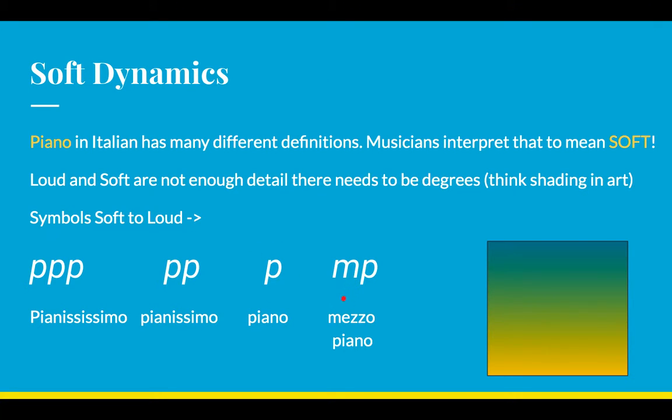Think about that as medium soft. Right after it would be mezzo forte. So mezzo piano, medium soft, is a little bit louder than piano, which is my soft. Then I have pianissimo, very soft. Pianississimo, very, very soft. So, reminder, the extra S's match up with how many P's I have.